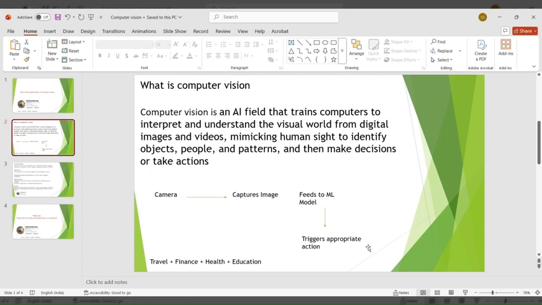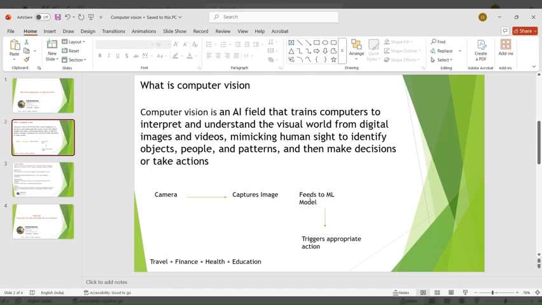Like all of you know by this time, there is a JPG file, PNG file, there are many other formats in which an image file is represented in a computer system. But from where is that image coming? That image is coming from the physical world, right? So a camera is basically taking an object, capturing the image, feeding it to the ML system, and then the machine learning algorithm is trained to recognize the objects.